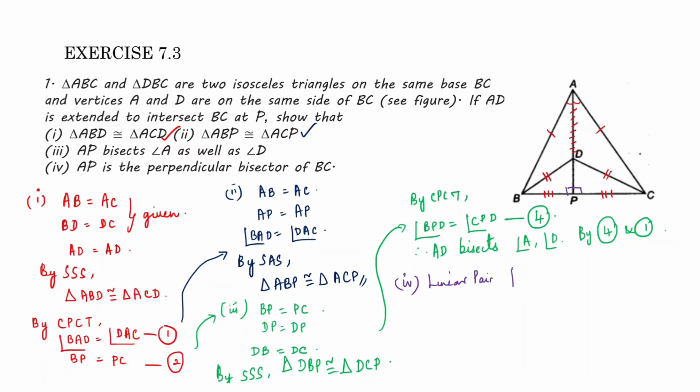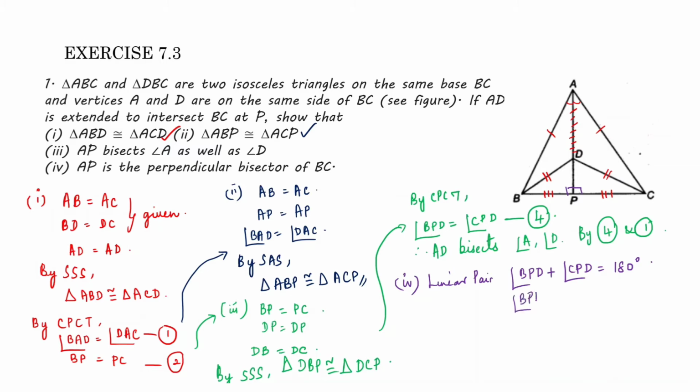Thus, we could say angle BPD plus angle CPD is equal to 180 degrees. We already know that angle BPD is equal to angle CPD from equation number 4.